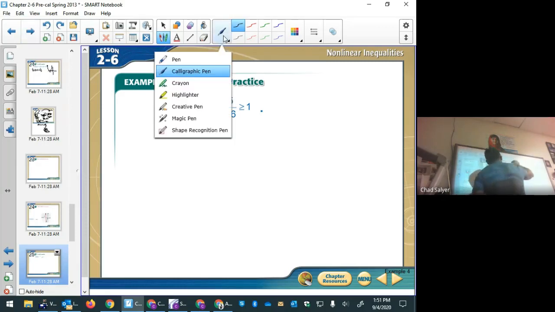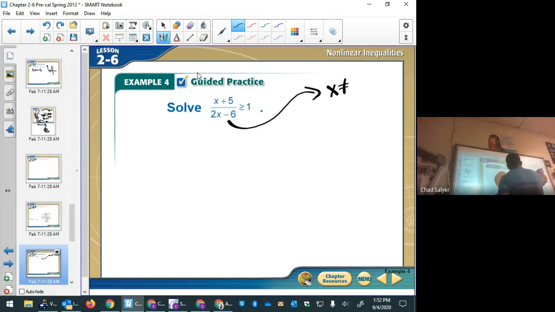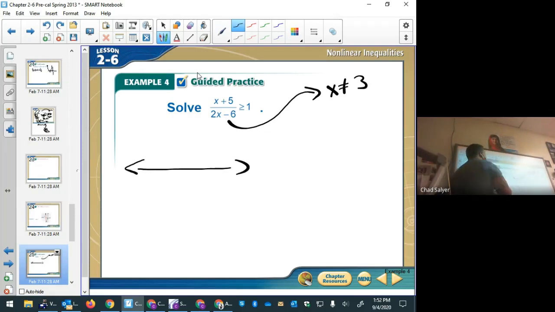Okay, so let's do one more of those because those are pretty tricky. I'll make a note to myself, x could never equal positive 3. We're already a single term here, but we do need to get it equal to 0, and then we'll have to combine like terms.